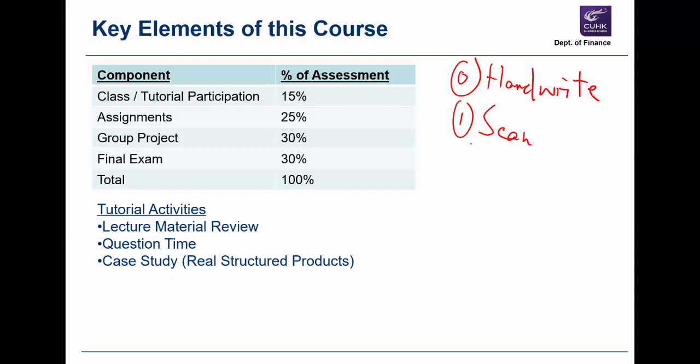Scan it and then upload it. You can keep the physical copy for yourself for revision purposes. It is due this evening. Today is April the 12th, 2019, Friday.